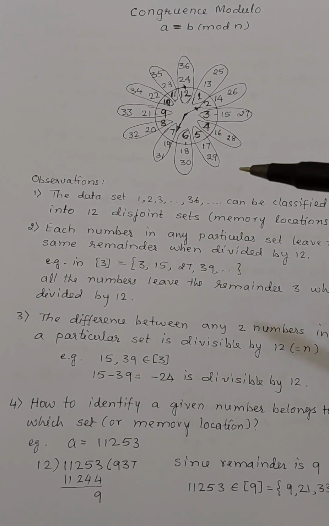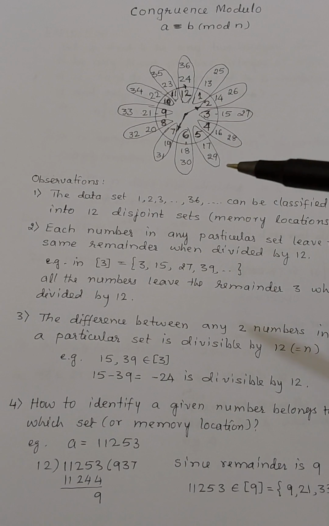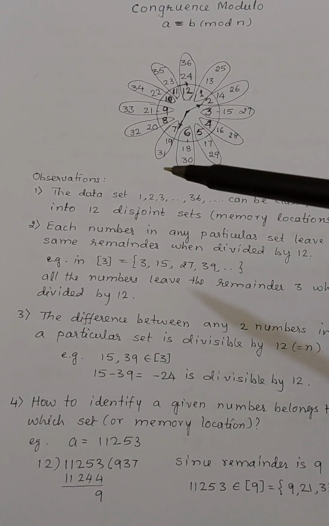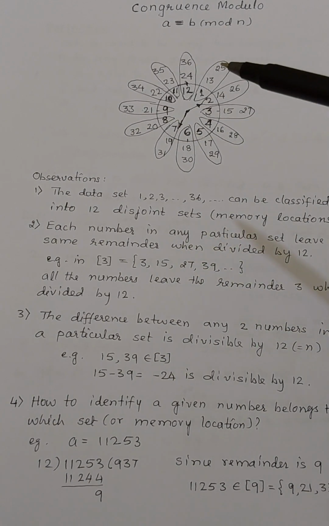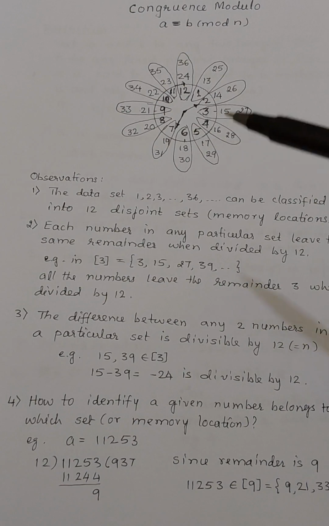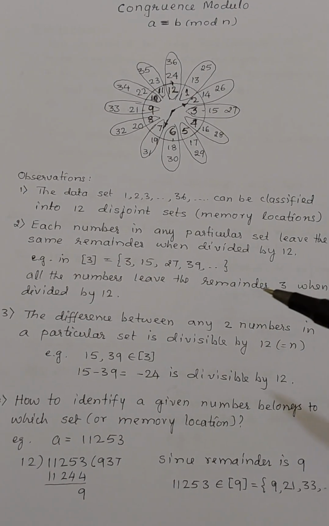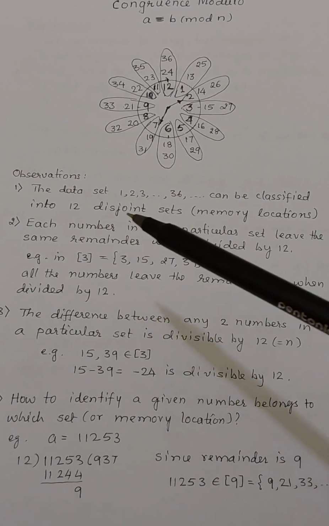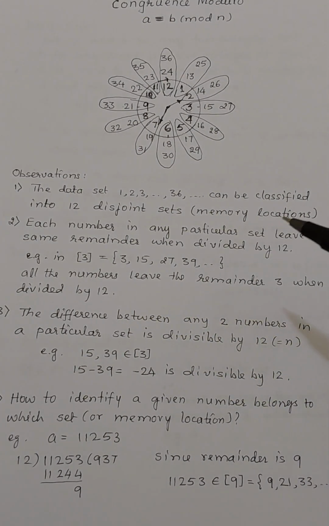As the numbers keep growing on both sides of the number line, they start wrapping around, making a cycle of 12. So this data set 1 to 36 in our case can be classified into 12 disjoint sets. These 12 disjoint sets are memory locations in the computer.